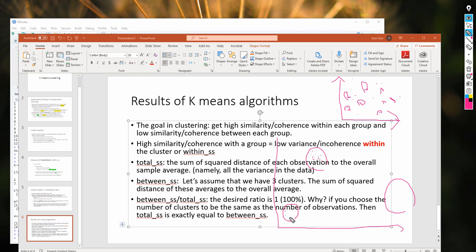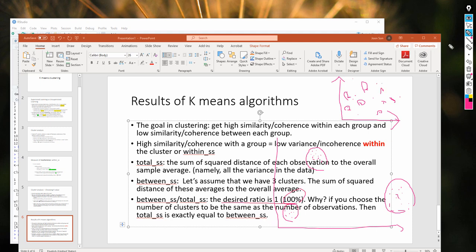Let's say all the observations are within these groups, and there are 3 very distinct clusters. That means you will have a high between SS value, which is going to be very close to the total SS. So once again, our desired ratio is 100%, which is 1.